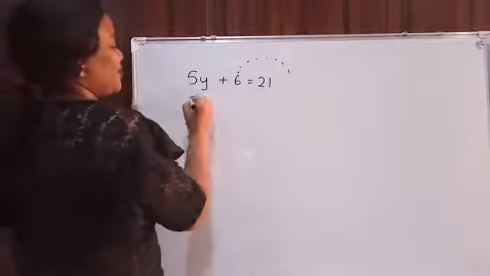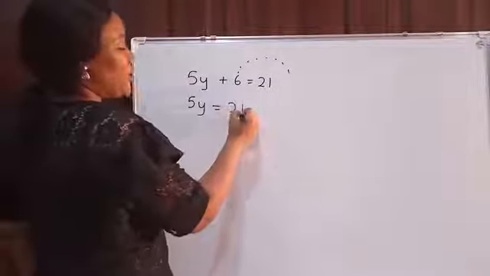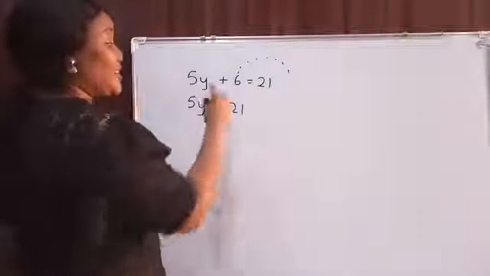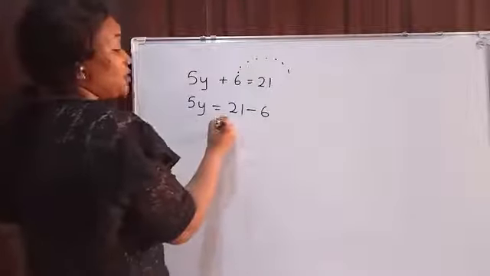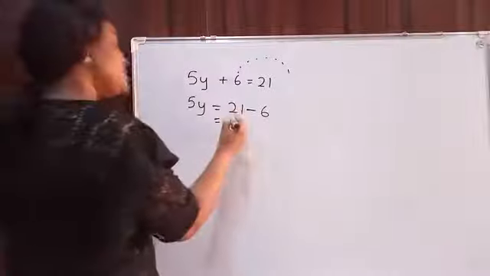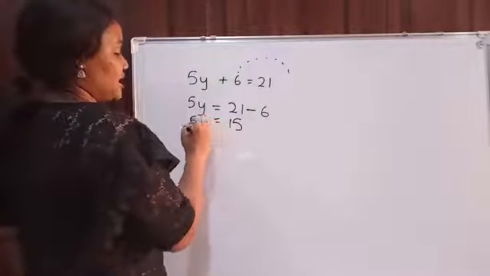So you have 5y equals 21. Remember our sign changes: minus 6. And what's 21 minus 6? 21 minus 6 is 15. So 5y is equal to 15.